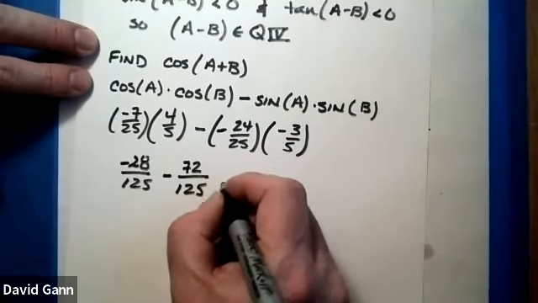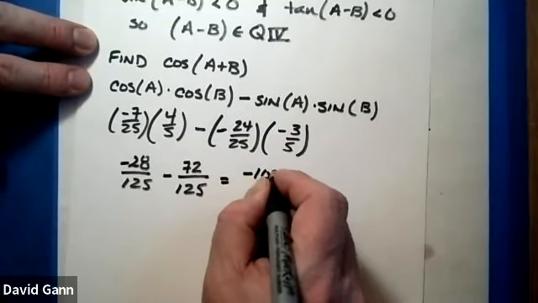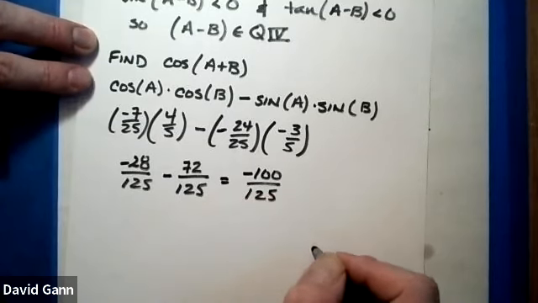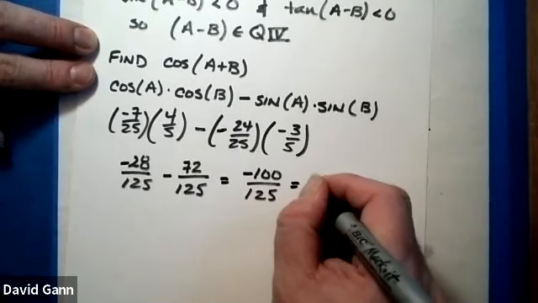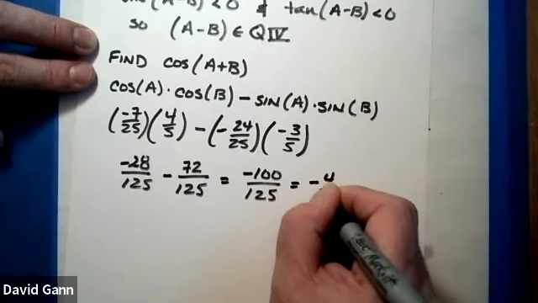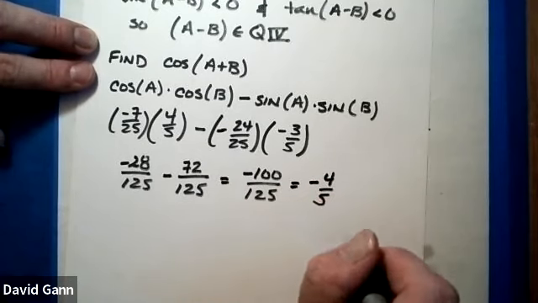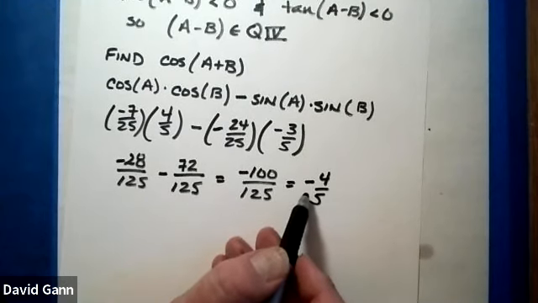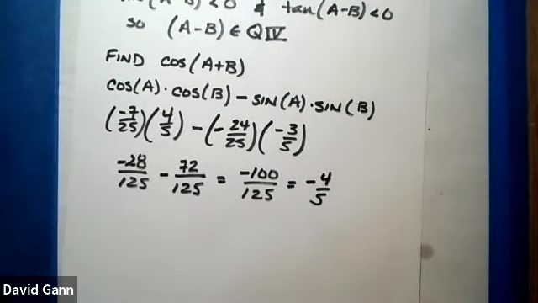Look at this. This is going to be minus 100 over 125, which reduces down to negative 4 over 5. Which is crazy because that happens to be equal to negative cosine of B. So there might be some kind of interesting thing going on there.